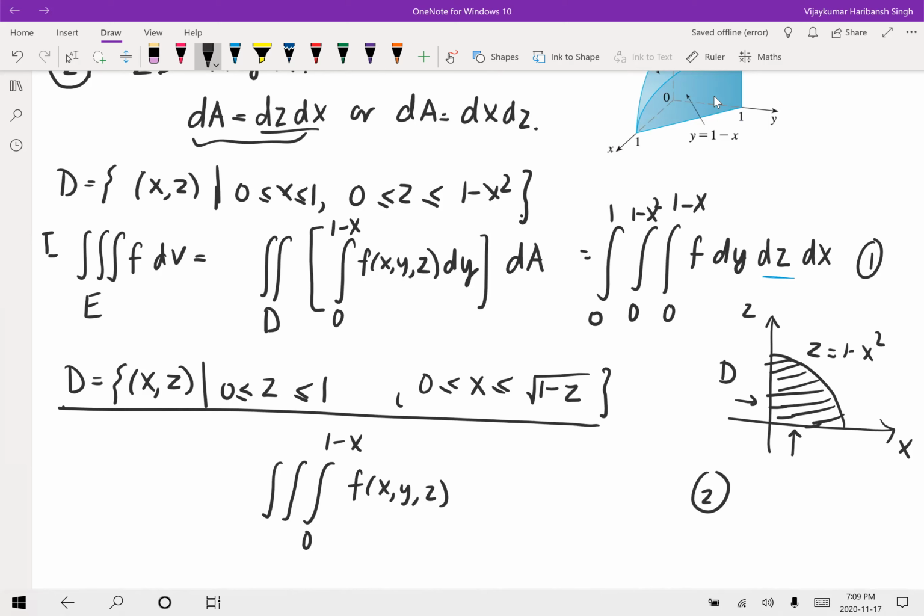Let's call this I. I can be rewritten in the following format: y first, and now I'm going for x first on the 2D region D, so x is from 0 to the square root of 1 minus z, and then z goes from 0 to 1.